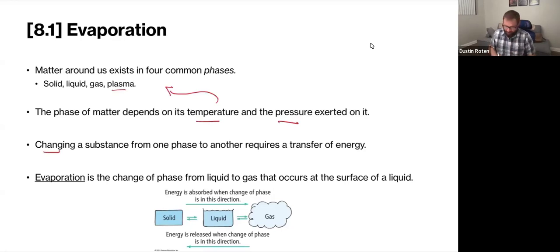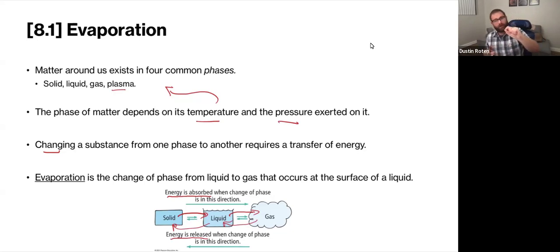So if we look down here, you can see that if we want to go from solid to a liquid or liquid to a gas, typically if we want to go up the scale, we need to add in energy. So energy would be absorbed by the matter or the substance. If you wanted to go the other way, gas to liquid or liquid to solid, if you want to go backwards, essentially that substance is going to have to give off or release energy.